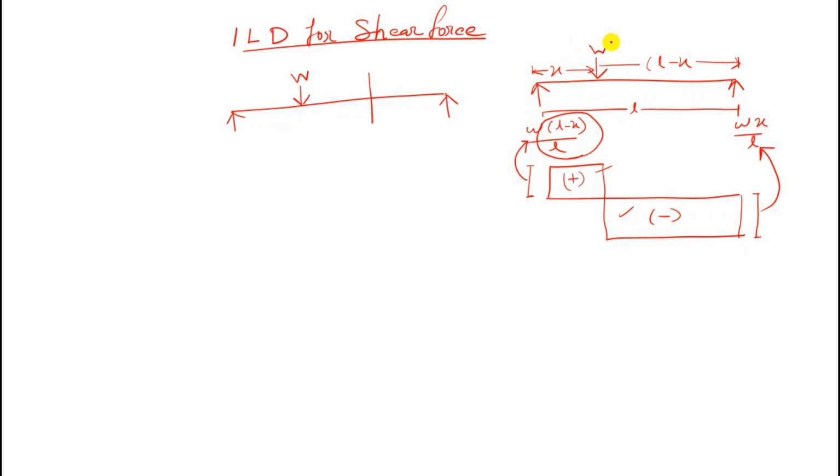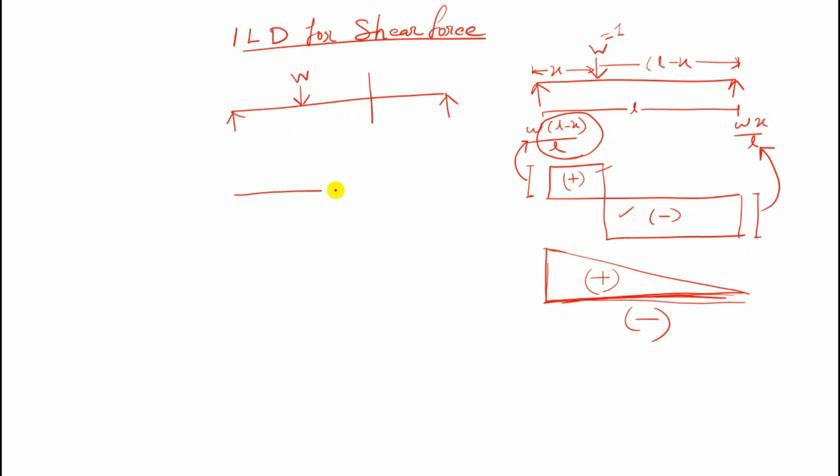So now if you place W equals 1, then this will be the diagram for the reaction RA, and this will indicate the positive shear force. And for the negative shear force we have to consider the negative side of the line. This is the line, the beam line. Above the beam line this is the positive part, and below this line is the negative part.